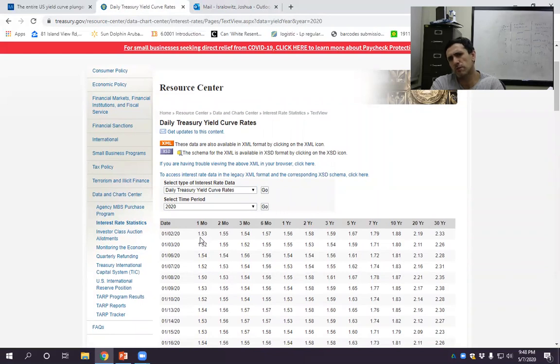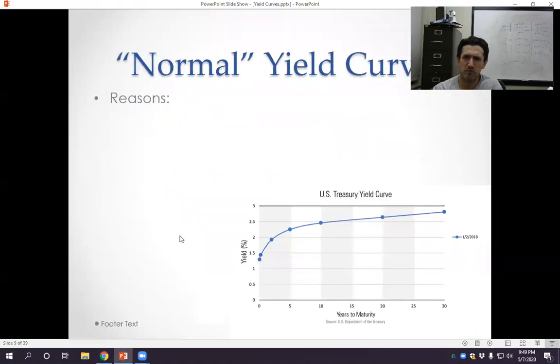Interest rates are still fairly low, but it's still typically this increasing curve. It starts at 1.53% and goes up to 2.33%. So it's fairly flat, but still increasing. It's not that much different than the yield curve roughly 2 years preceding it.